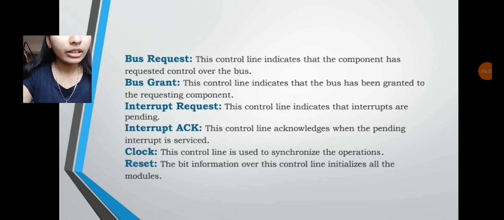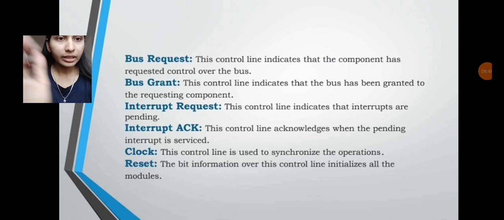This control line acknowledges when the pending interrupt is serviced. Clock. The clock control line is used to synchronize the operations. Reset. Reset is the control line whose signal initializes all the modules.